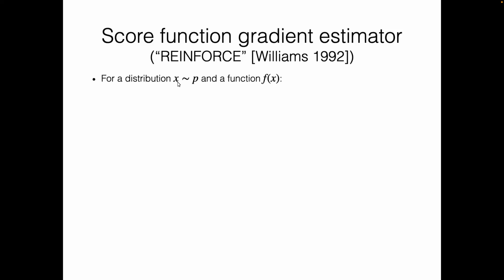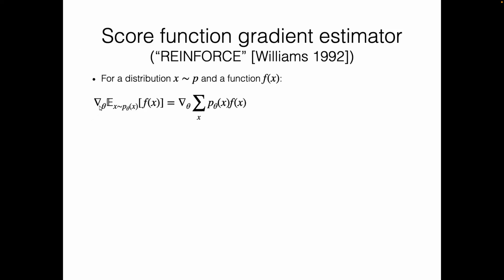So here, let's say you have some distribution P and some function F. The function on the next slide will turn out to be like the reward, and here it will be a trajectory. But the idea isn't even specific to reinforcement learning.